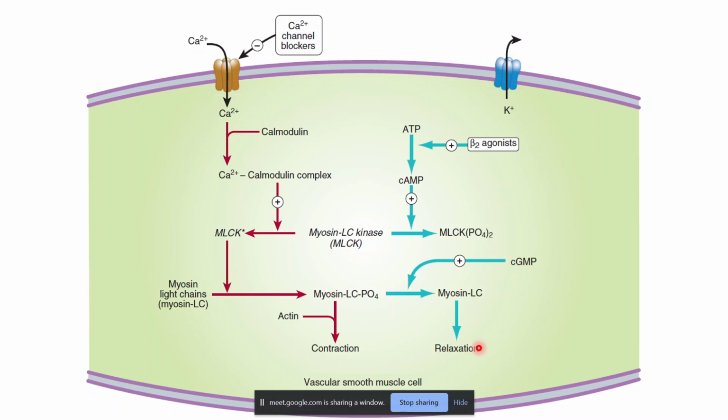So the second way is decreasing intracellular calcium. The calcium channel blockers cause vasodilation because they reduce intracellular calcium.